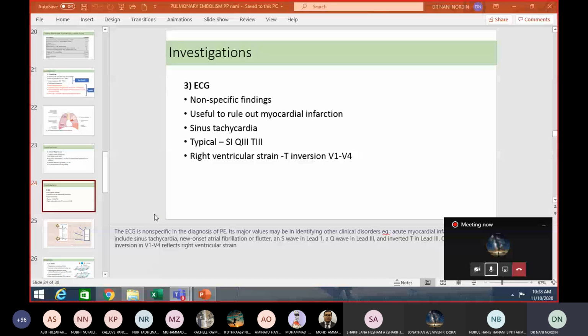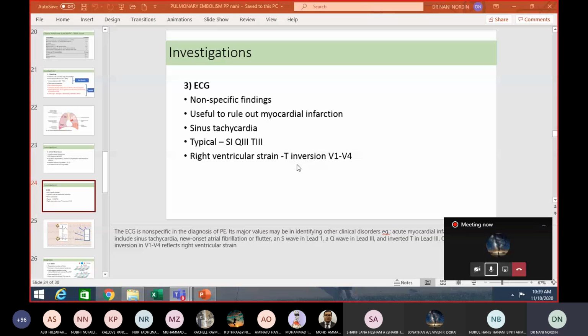Okay, and if you have right ventricular hypertrophy or increase in right ventricular pressure, you will have findings in the ECG which indicate there's right ventricular strain. You will find T inversion in your V1 to V4.